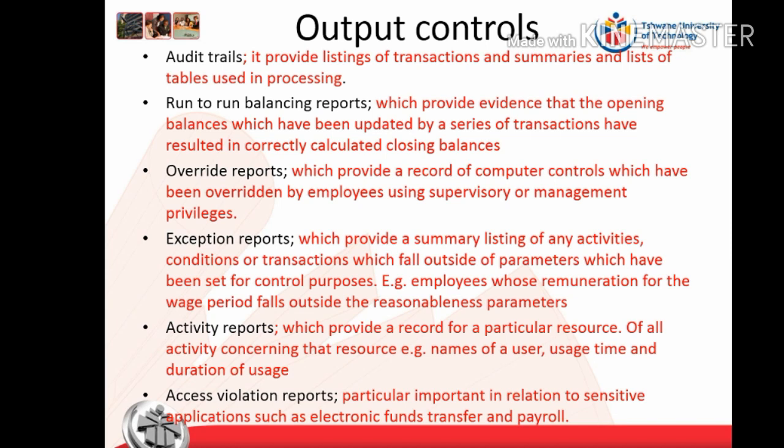Exception reports provide a summary listing of any activities, conditions, or transactions which fall outside of parameters which have been set for control purposes. For example, employees whose remuneration for the wage period falls outside the reasonableness parameters. In the case of students, if you remember in class, we did a question where a student got more than 100% or a student got -0 or -50.